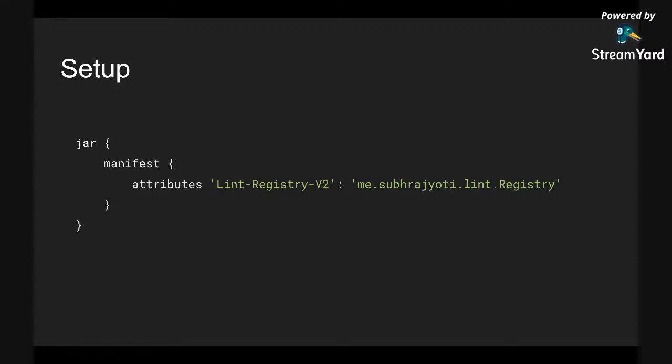A similar example for this is Timber. So if you have used Timber by JakeWharton, you will notice that if you're including Timber in your project and then using Android's log class, for example, Log.d or Log.e, you will get a lint warning telling you that you already have included Timber, so it might be better to use Timber instead of Log.